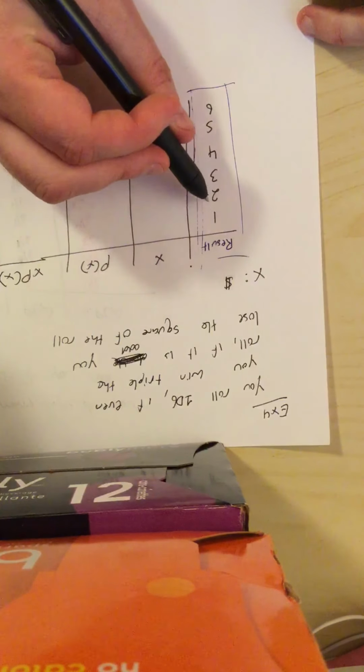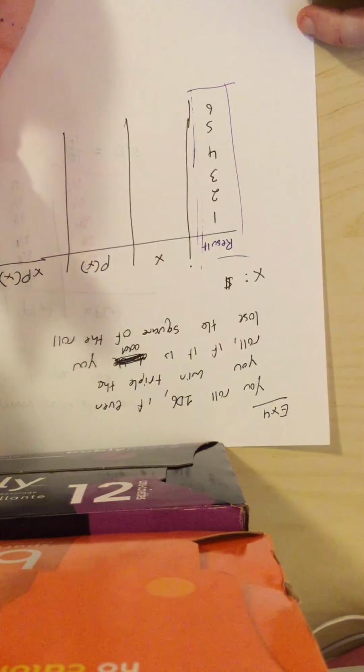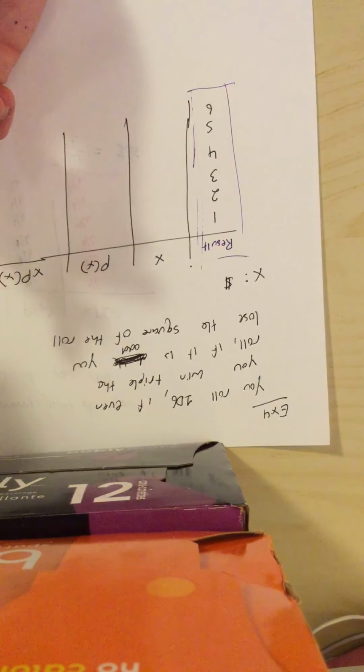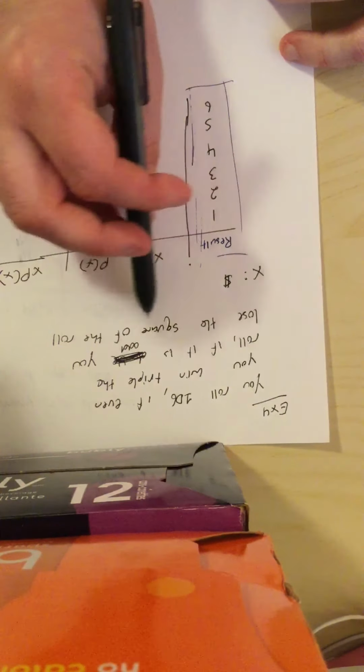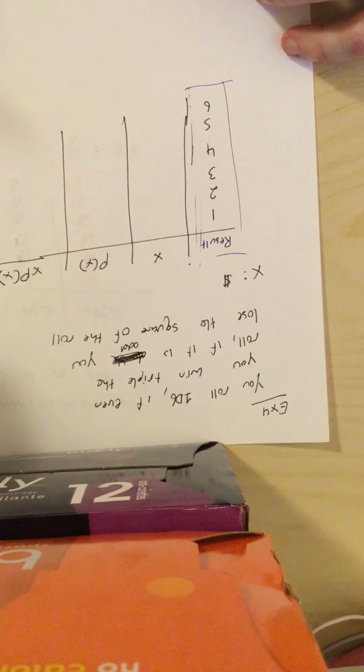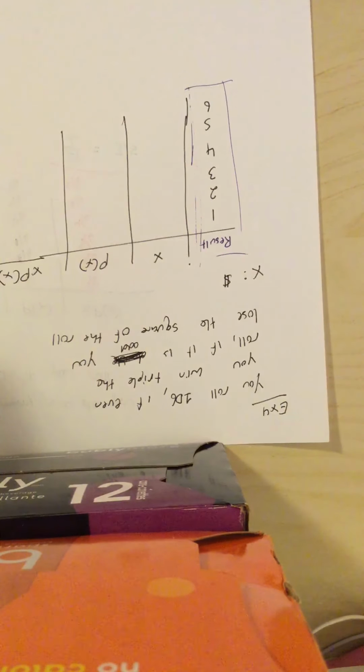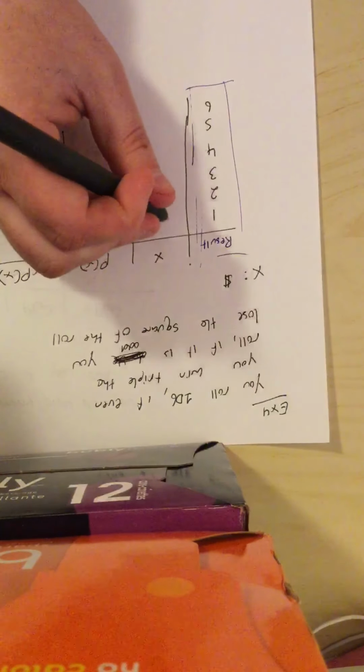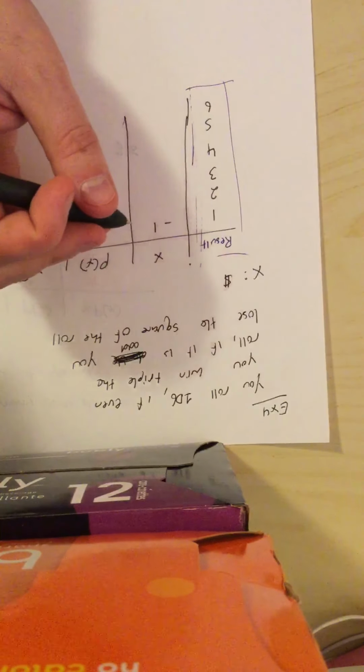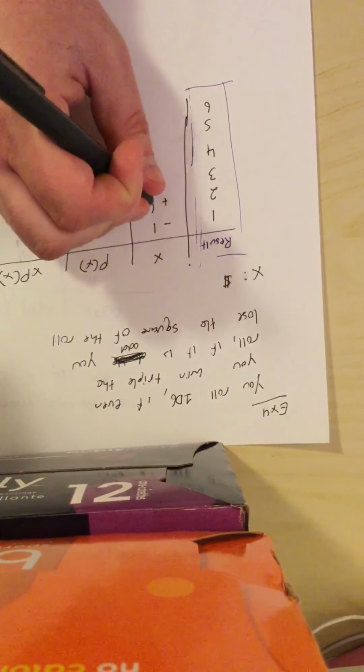So if the result is a 1, we lose $1. If it's a 2, then we win triple, so that's going to be plus 6.